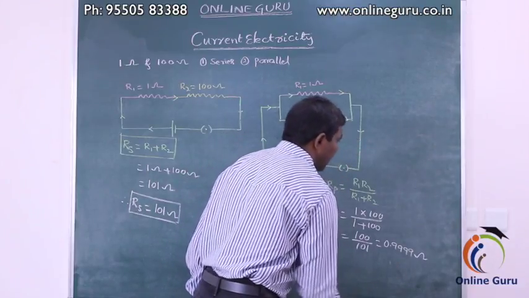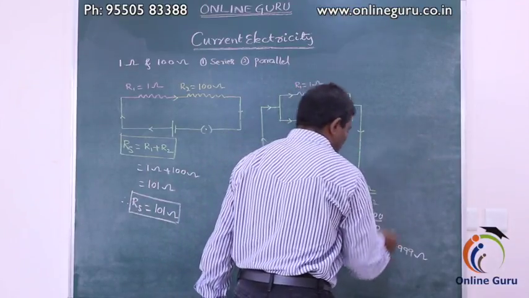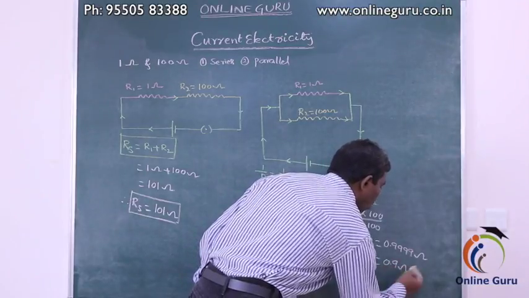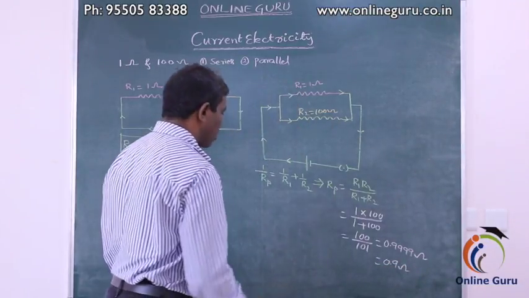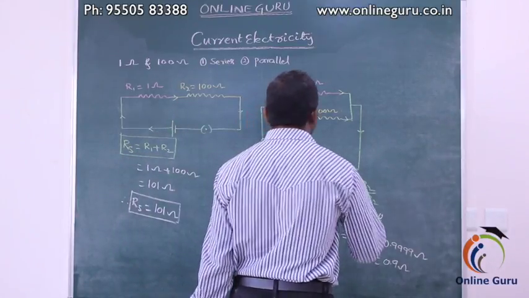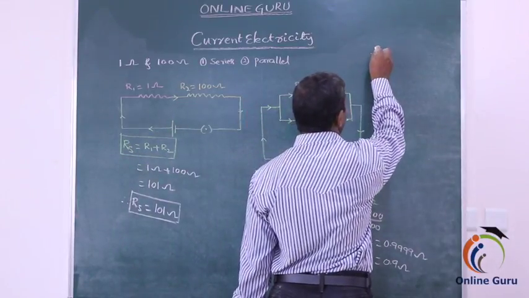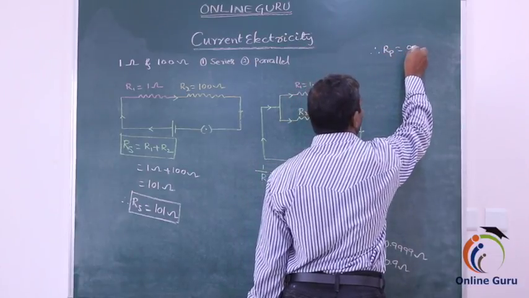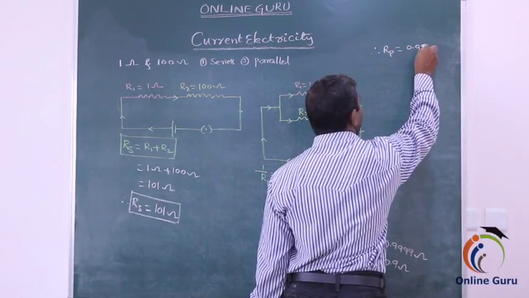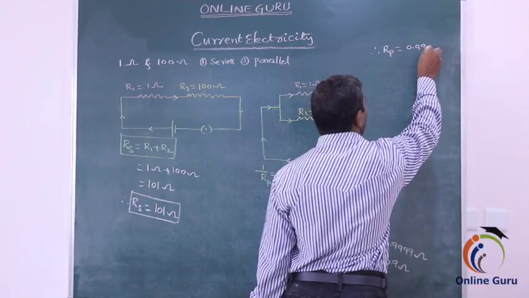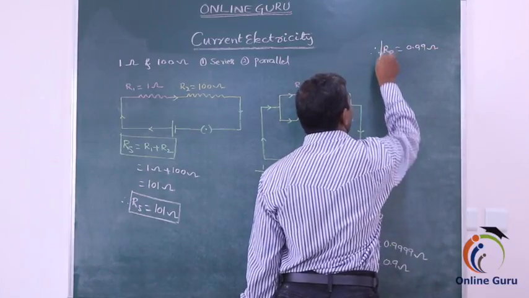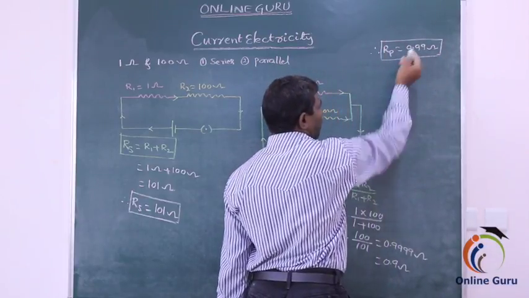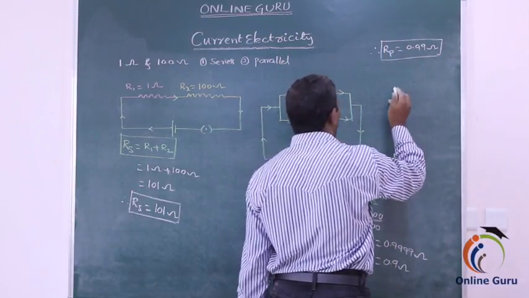It should be considered as 0.99 ohms. Now you can observe in parallel combination, the resultant resistance we get is Rp is equal to 0.99 ohms.